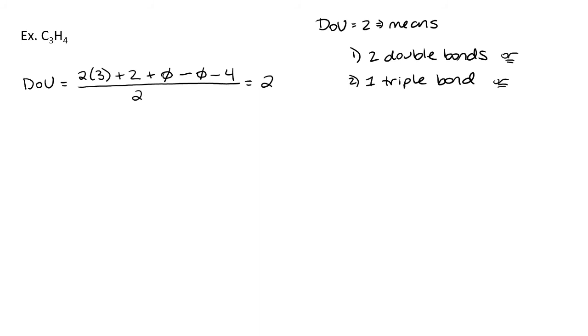Or it means that we can have 1 ring and 1 double bond. So it can mean a lot of different things.